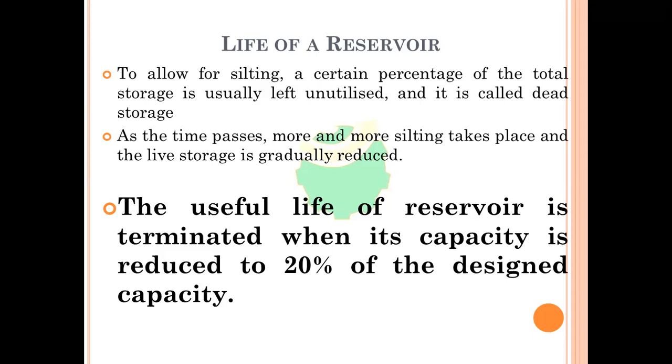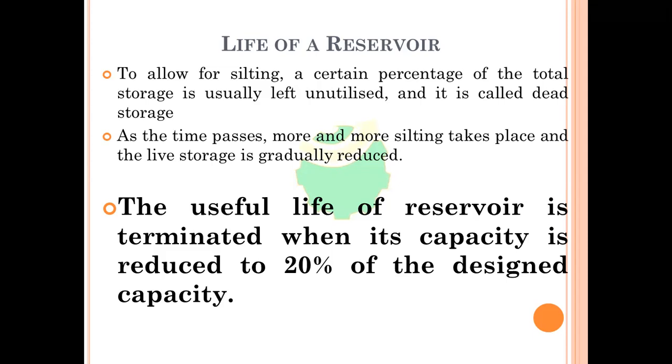Initially, the sediment deposition will occur in the dead storage. After filling the dead storage capacity, it enters into the useful storage also. After filling up the useful storage, the reservoir is terminated, that means it does not serve any purposes.